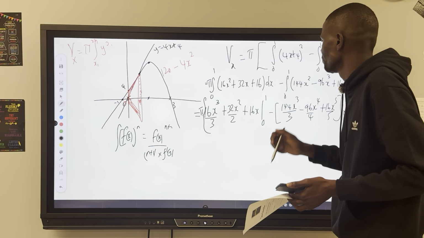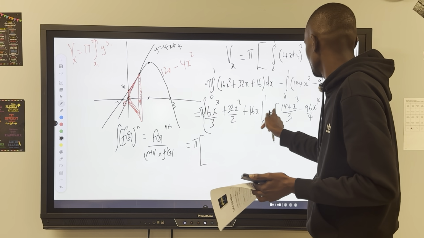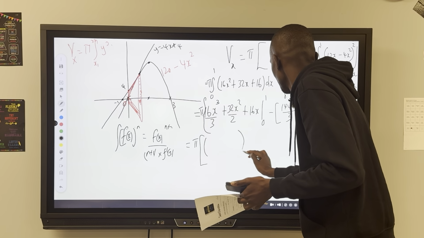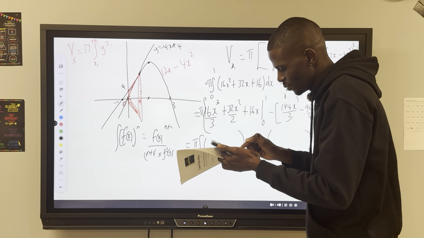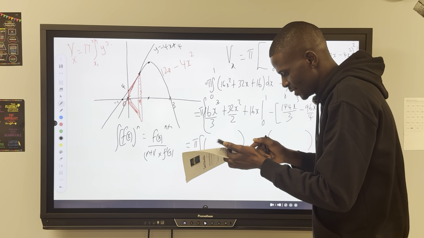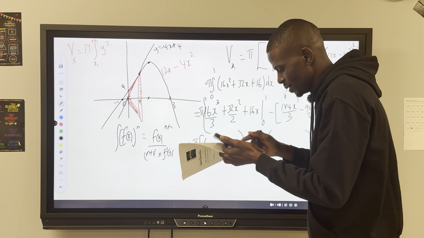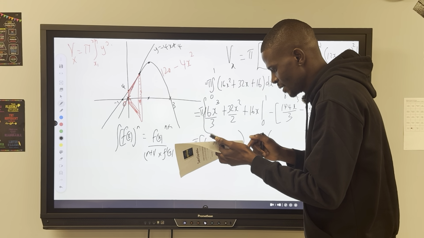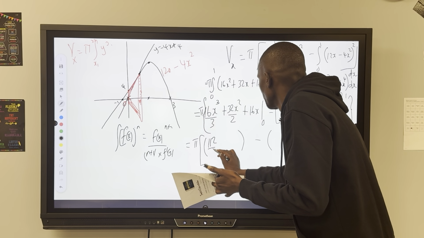We have our pi, which I'm going to keep. Let me put the 1 first for this one. If I put 1 there, it's going to be 16 over 3 plus 32 over 2, which is 16, plus 16. This simplifies to 112 over 3.